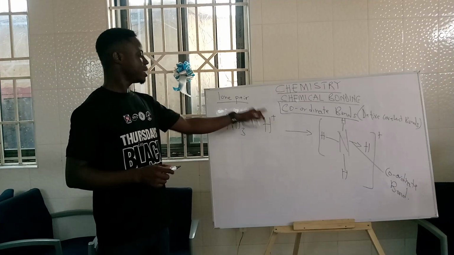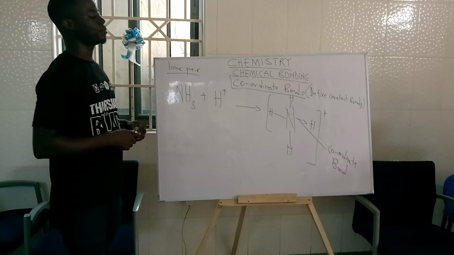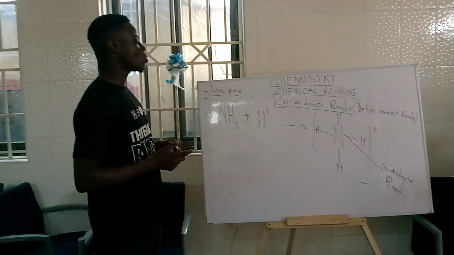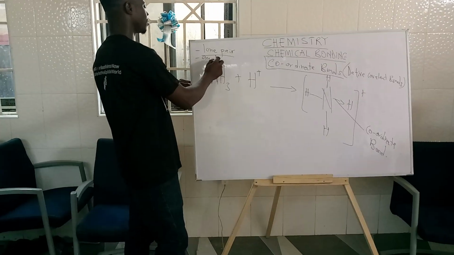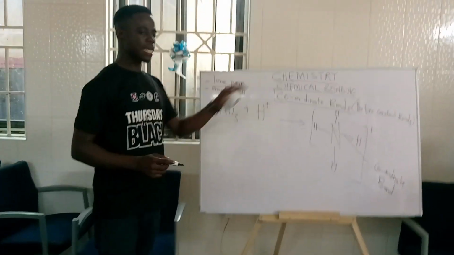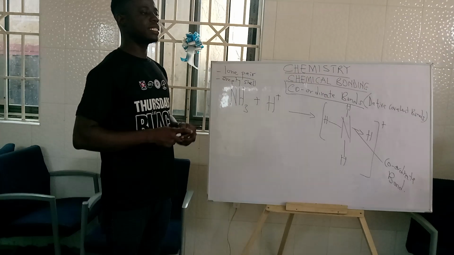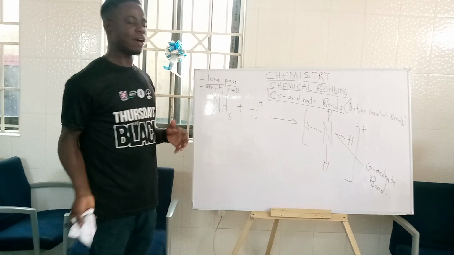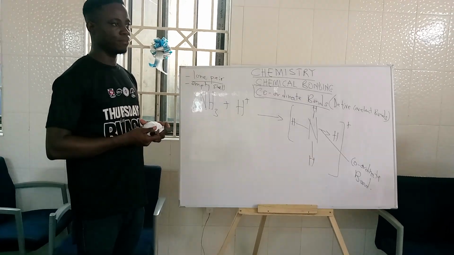So you realize that in this example, this nitrogen has a lone pair, and the other species should also have an empty orbital or empty shell. So looking at this hydrogen, it is having an empty shell. So for dative covalent bond to occur, one of the species should have a lone pair and the other should have an empty shell.